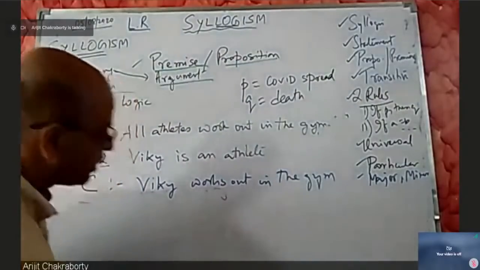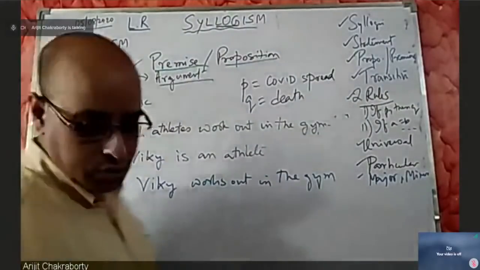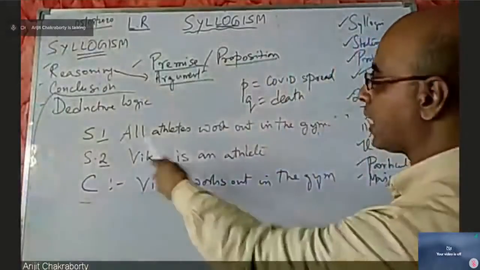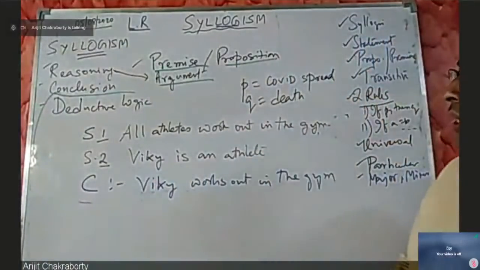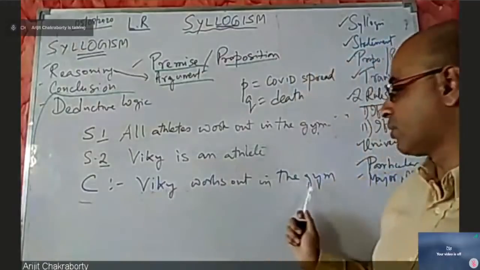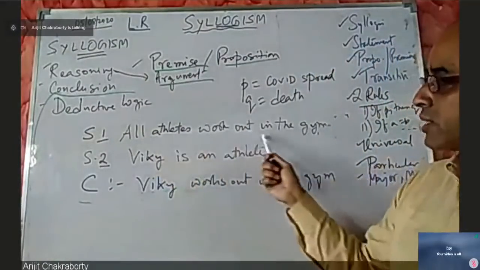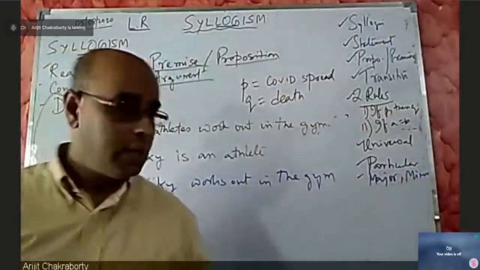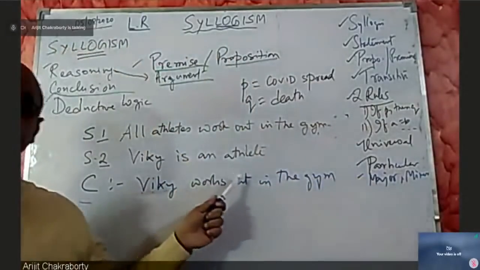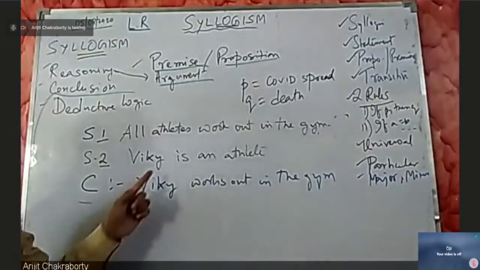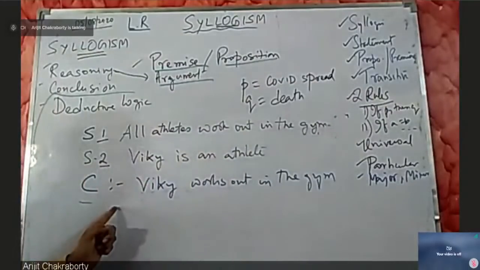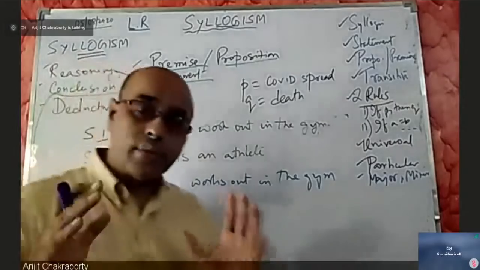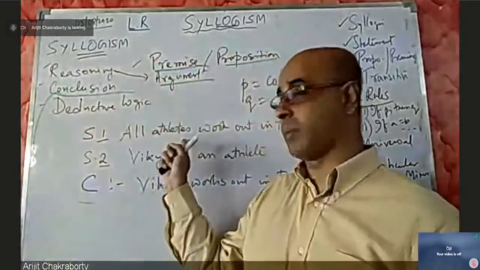So please see the first example here. All athletes work out in the gym. Vicky is an athlete. Vicky works out in the gym. So the first one is the major premise or the major statement. The second sentence is the minor premise or the minor statement. Vicky is an athlete. And we have the conclusion, since all athletes, so the universal proposition.